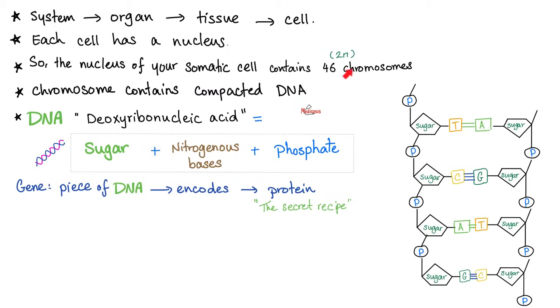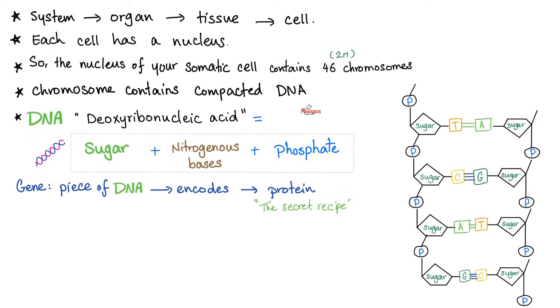The chromosome contains your DNA, compacted and wrapped around itself, or around special proteins known as histones. DNA stands for deoxyribo, that's my sugar, nucleic, nitrogenous bases because they have nitrogen, and because it's in the nucleus, acid. What's the function of that DNA? Well, the DNA codes for protein. It sends meaningless messages that can be translated into meaningful proteins.